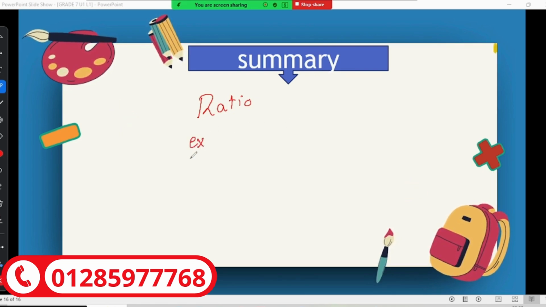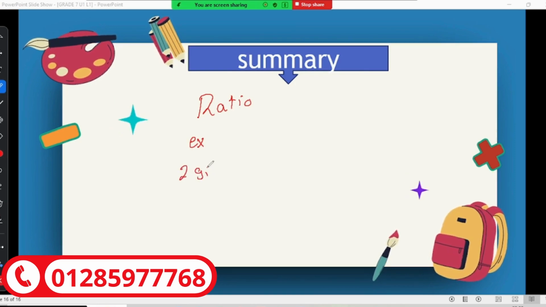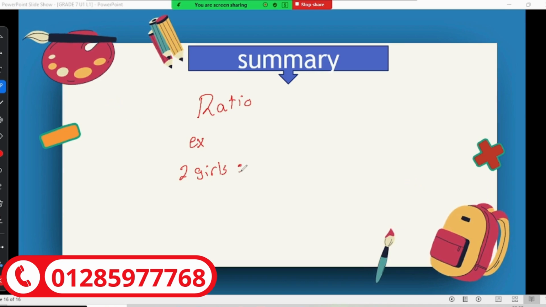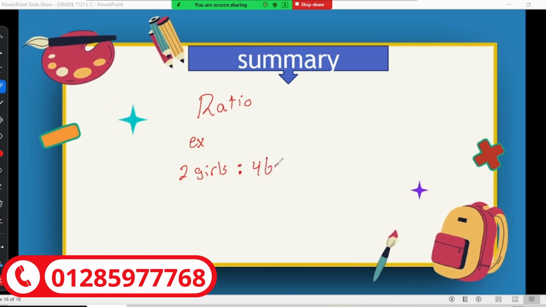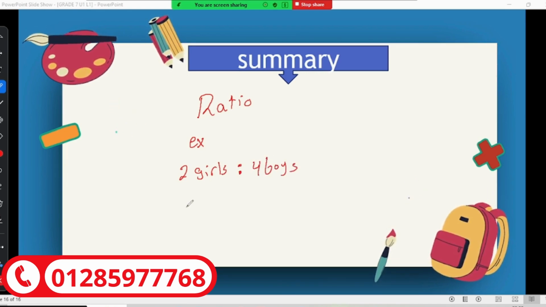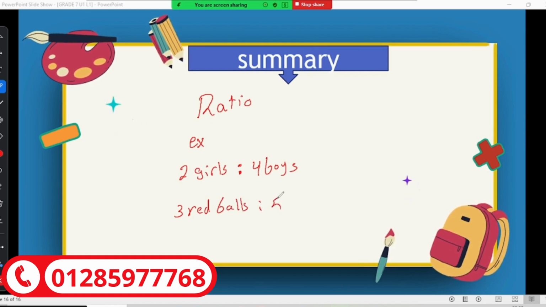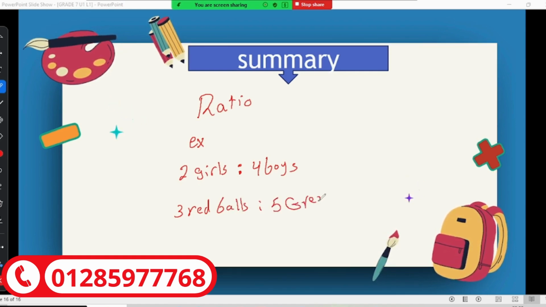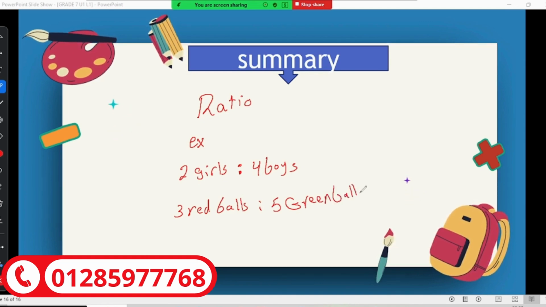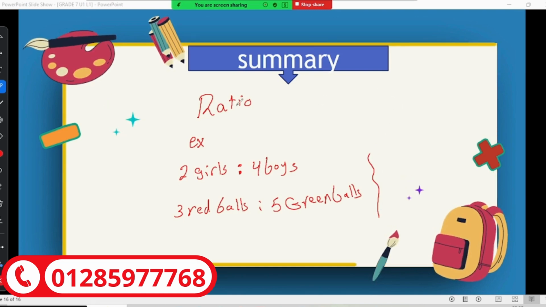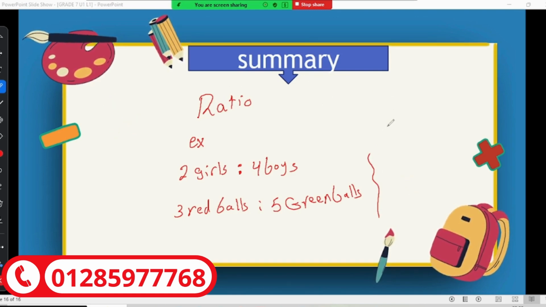For example, 2 girls to 4 boys, or 3 red balls to 5 green balls.